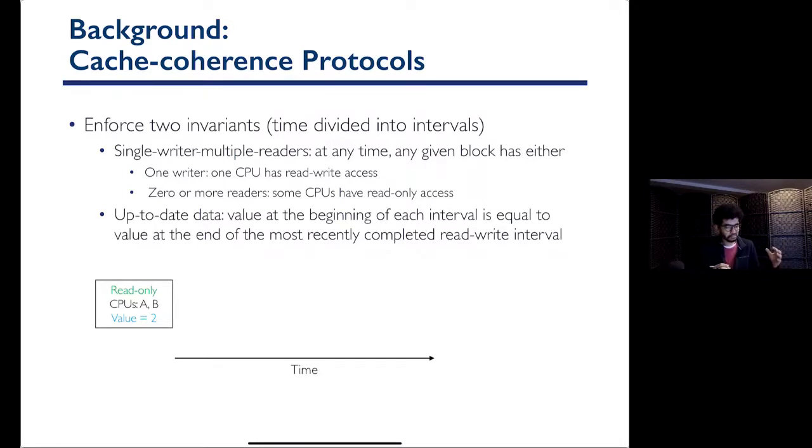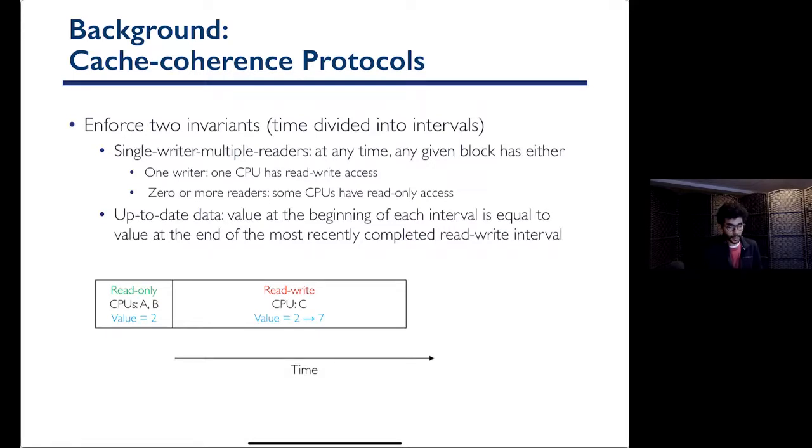If everybody is just reading, if I'm just receiving read requests, then I'm fine. So this could be a read-only phase. The moment I receive a write request, the moment somebody wants to write, I transition to an interval that has a single writer.